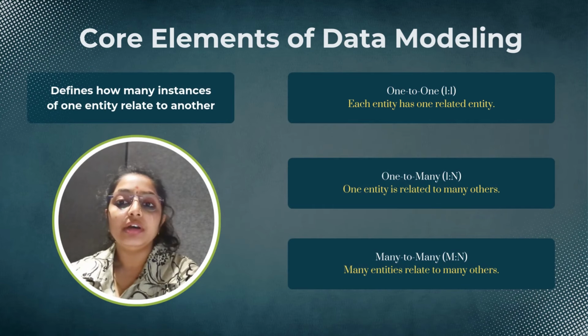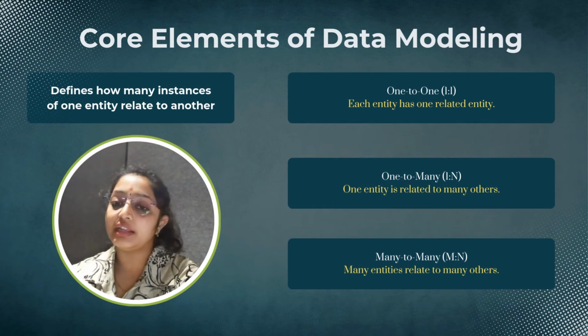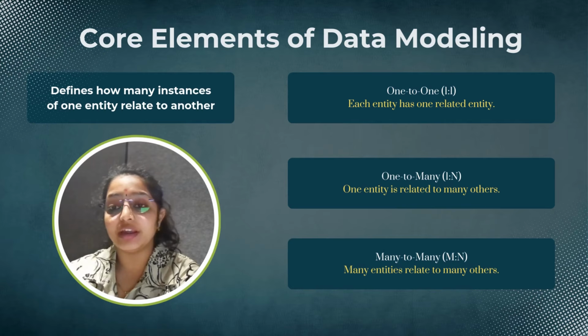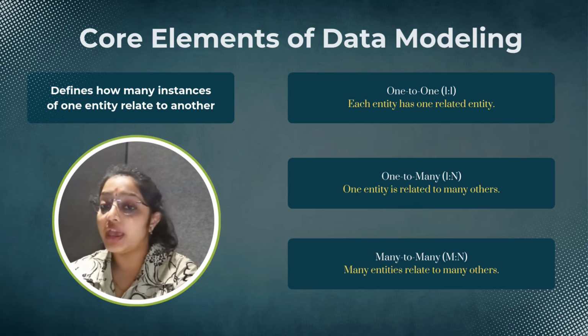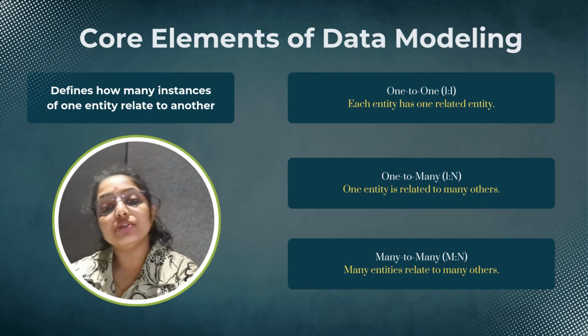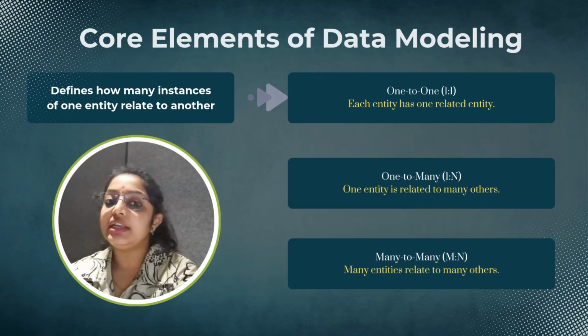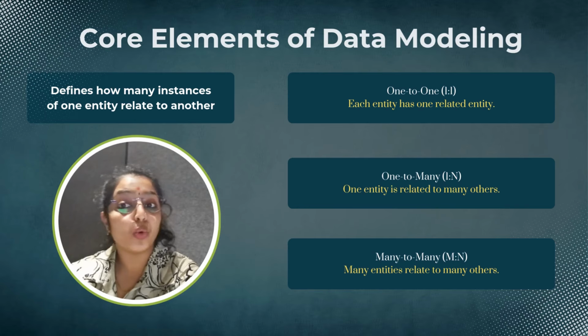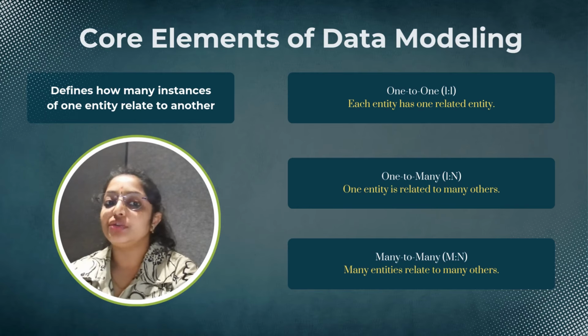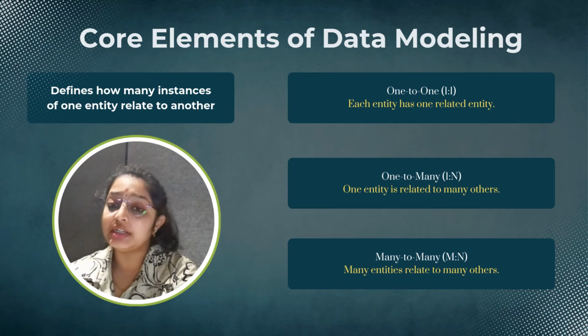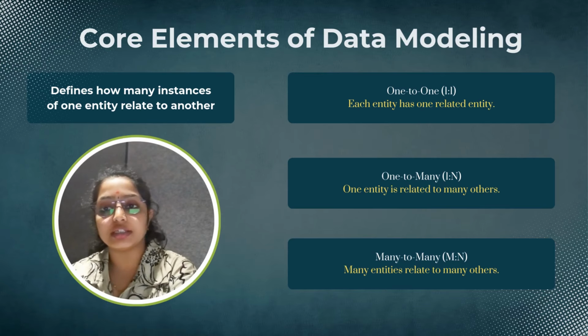Okay, so moving on to the next thing, that is how many instances of one entity can relate to another entity. So the first thing is one to one. So here each entity has one related entity. So for example, one person can have only one customer ID.